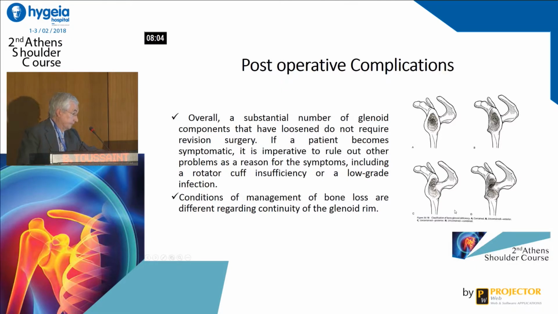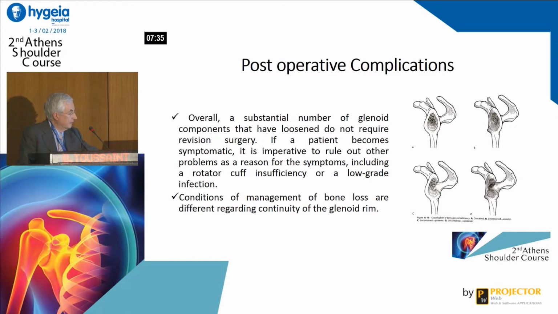If you remove the component because you want to revise, it's very important to understand when you need to revise the glenoid component, and certainly if the patient becomes symptomatic, with pain and decreased range of motion, it's very important to check why.